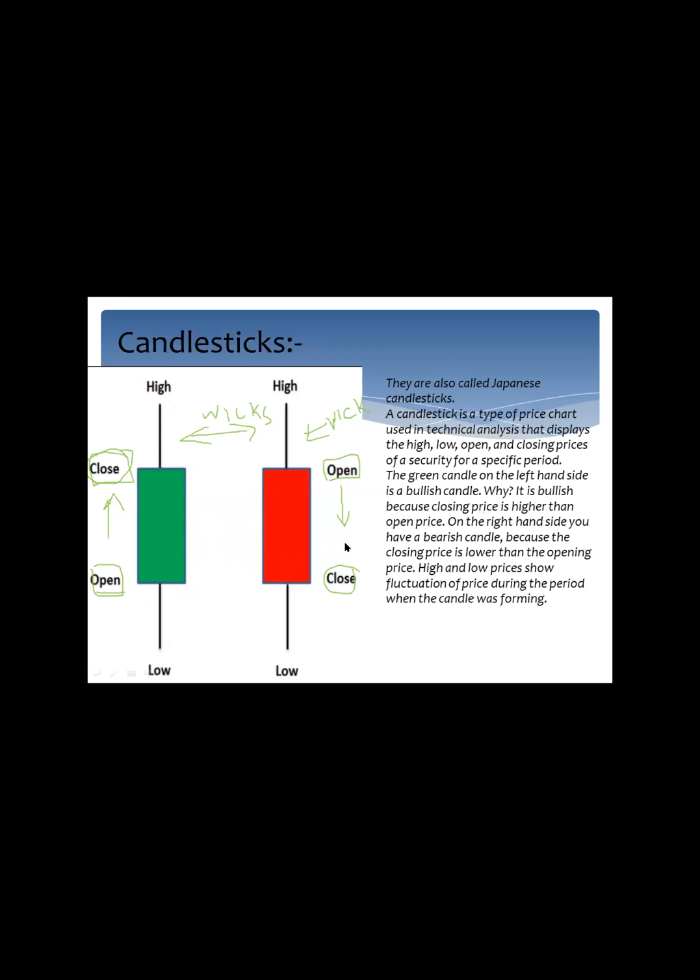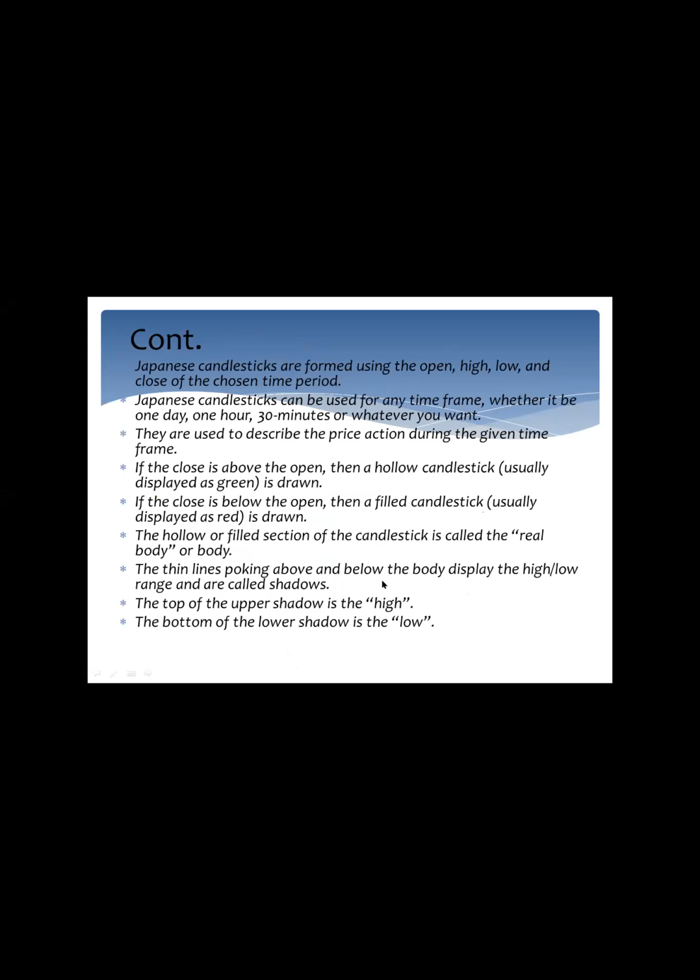Now, next up, there are some notes on candlesticks. Japanese candlesticks are formed using open, high, low, and close of the chosen time period. They can be used for any time frame, whether it is 1 day, 1 hour, 30 minutes, or whatever you want. They are used to describe the price action during the given time frame.